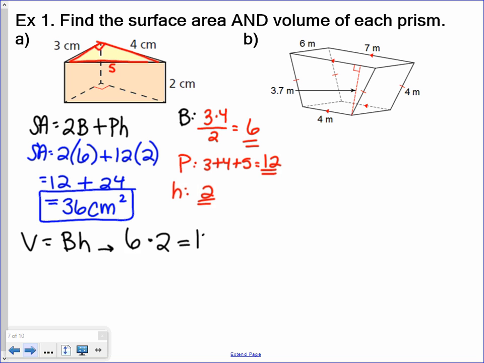And then since it's volume, volume is only for 3-dimensional figures. It's units cubed. And there's no rule as far as like, will surface area always be bigger? Will volume always be smaller? There's no rule towards that, just so you know.